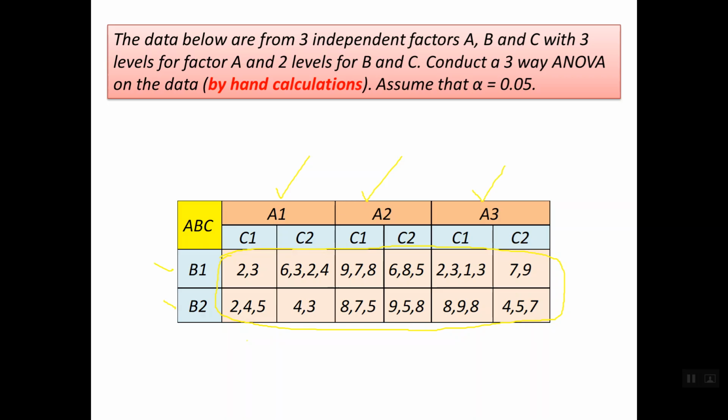And for the third factor, we have 2 levels, which are C1 and C2. Notice that the number of observations are not the same in these groups, so this is why this design is called an unbalanced design.